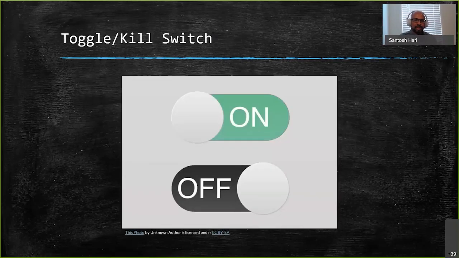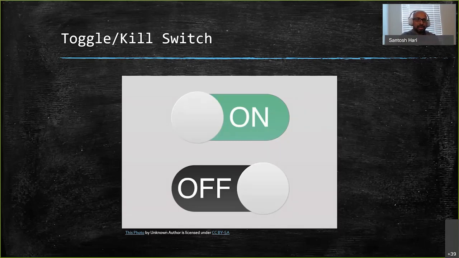So the first one is a feature toggle, a kill switch. We talked about this in simplest terms. It's an on-off button. You can turn a feature on or off by redirecting the code flow in production. A well-wrapped feature means you can easily turn it off if it's performing badly.